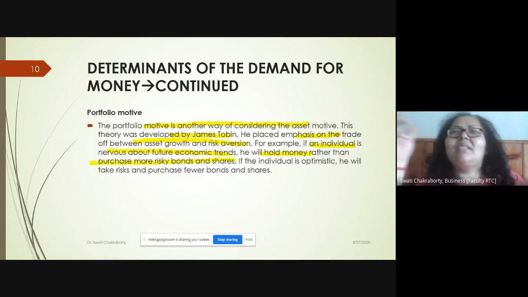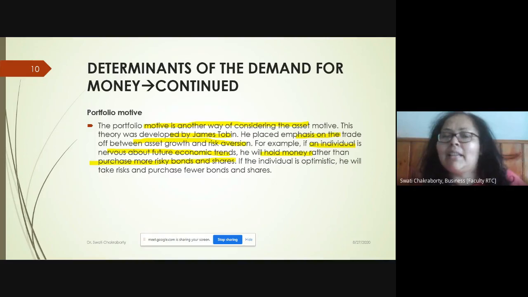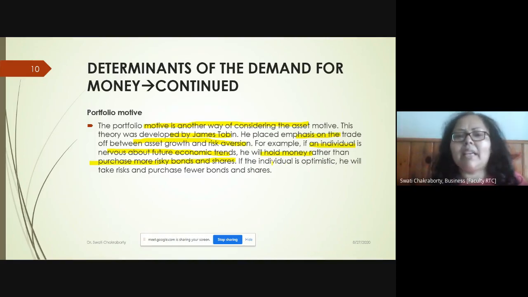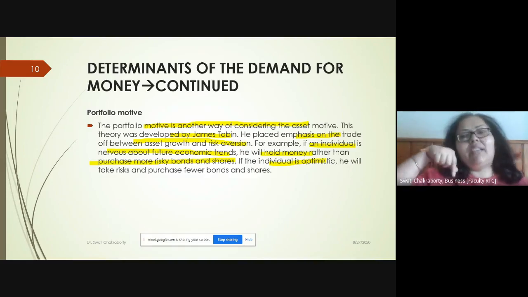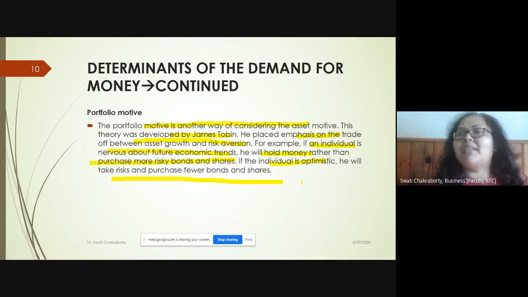When you're very uncertain about the future, it's better to hold money than to invest in bonds and shares where you might lose all your money. But if a person is very optimistic, he knows that the interest rate is falling and at some point it will increase. Then he will take the risk and purchase bonds and shares. He will not keep everything on hand.